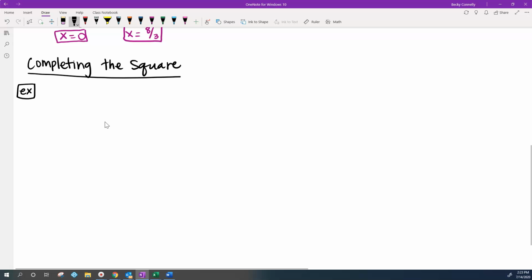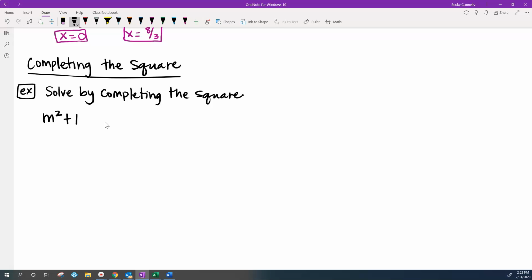So let's say that it asks you to solve by completing the square. All right, and then it gives you something like this: m squared plus 10m plus 14 equals 5.